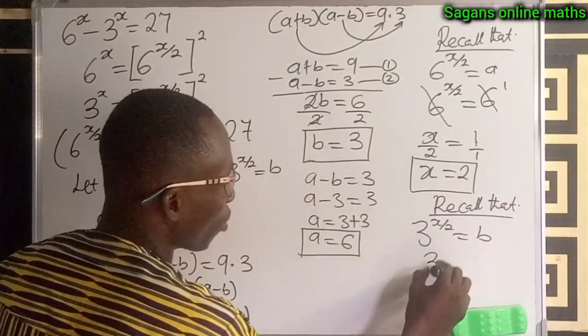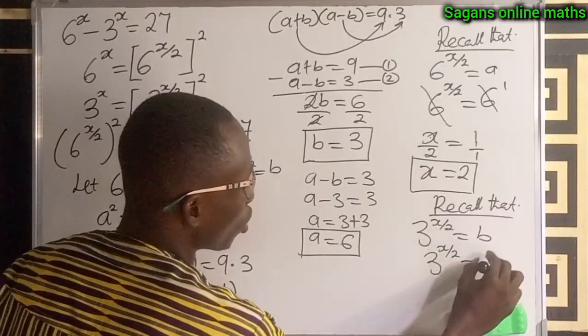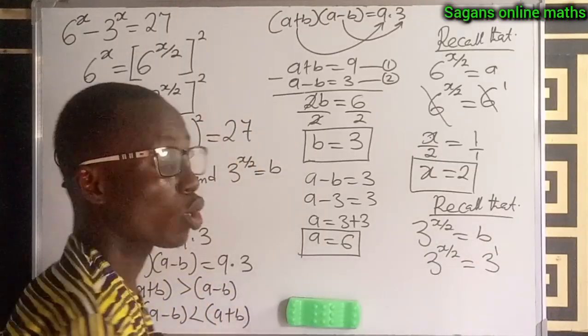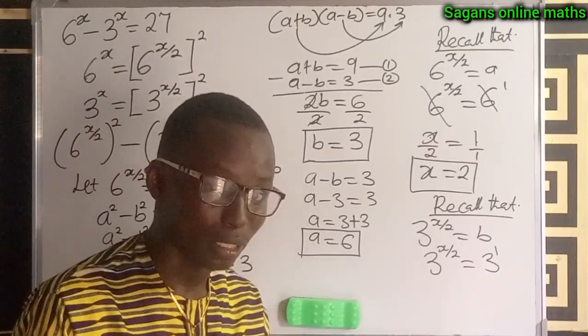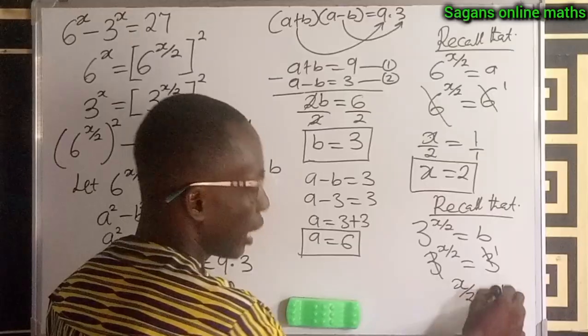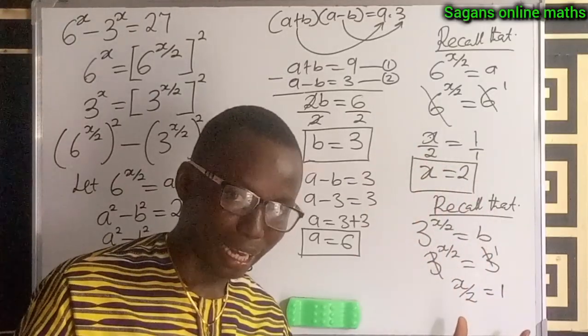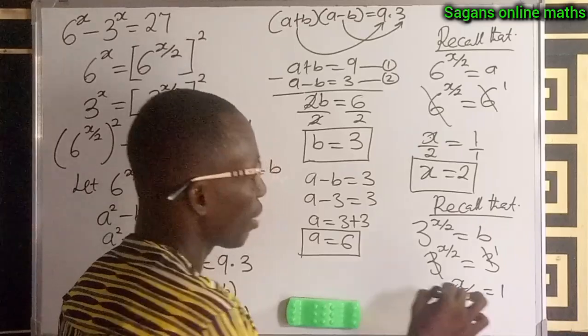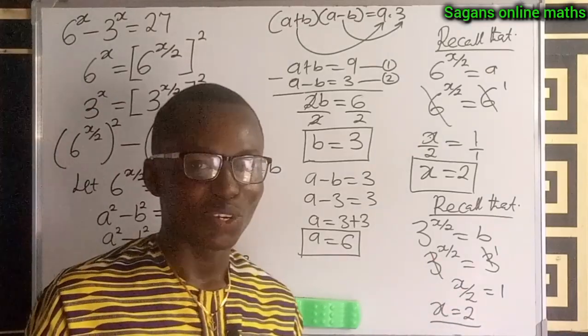It means that 3 to the power of x/2 is equal to 3, and the power of this 3 here is 1. Now, since the bases are the same, we can also do without them and equate the powers, because our target is to find the value of x. By cross multiplying, as you can see, our x also is equal to 2. And this is the value of x to this particular question.